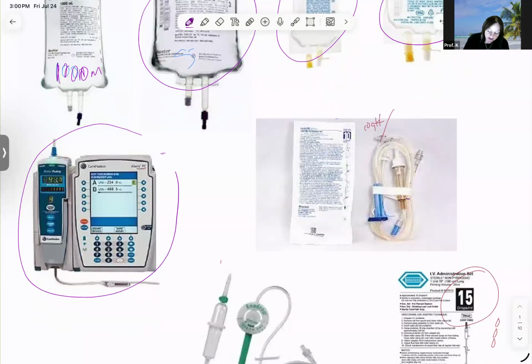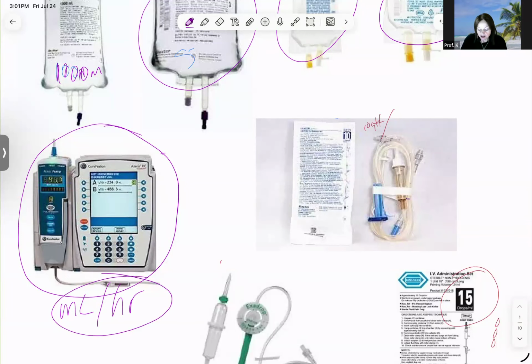This is called an IV pump. It's a computer. If you have an IV pump, you can only deliver the fluids at milliliters per hour. If you work in a facility like a nursing home that doesn't have IV pumps, they deliver fluids in drops per minute, through gravity.